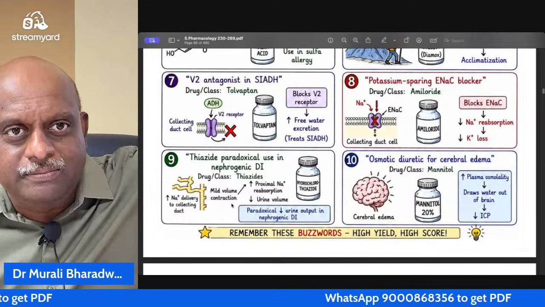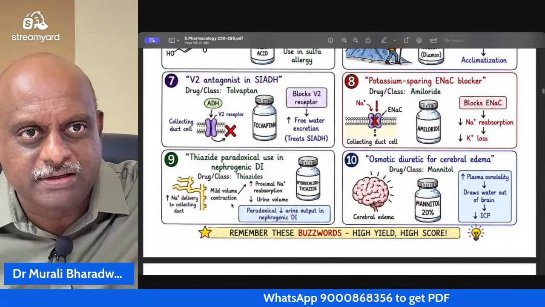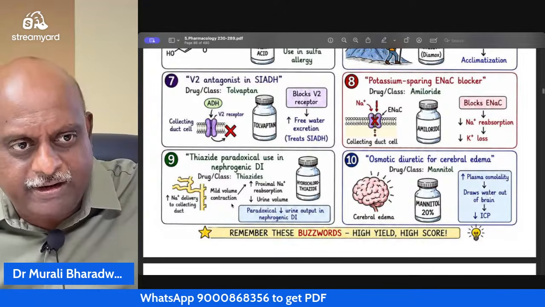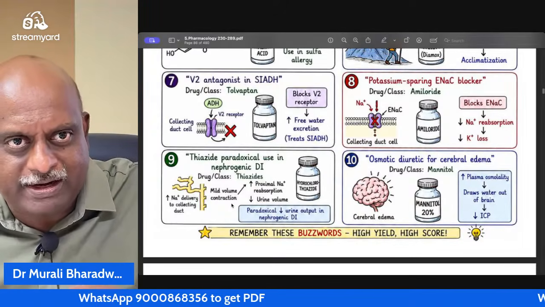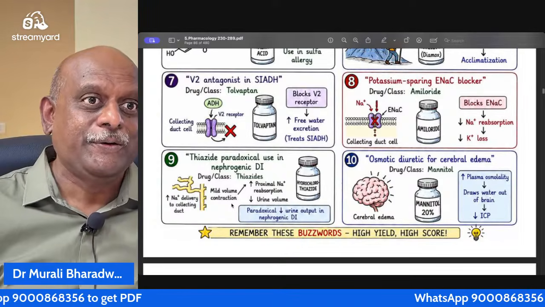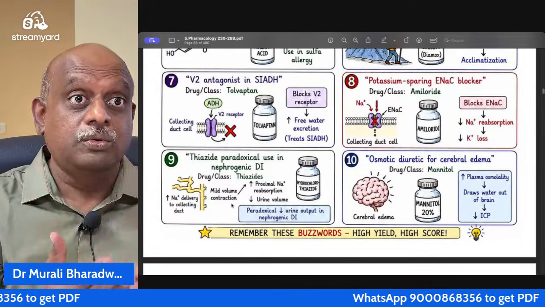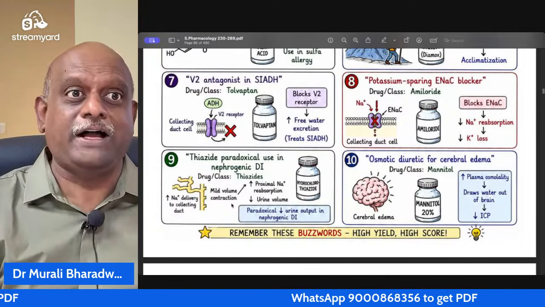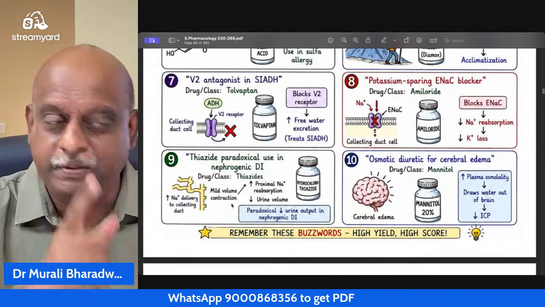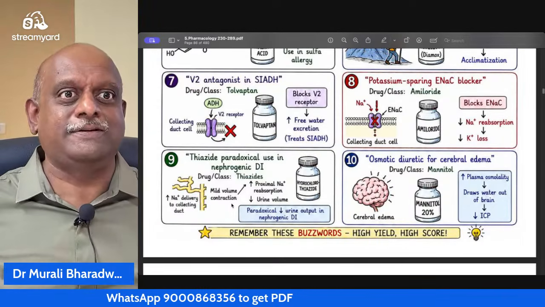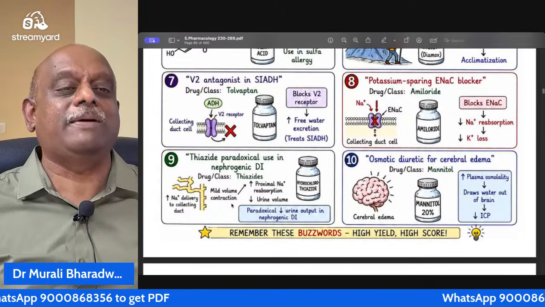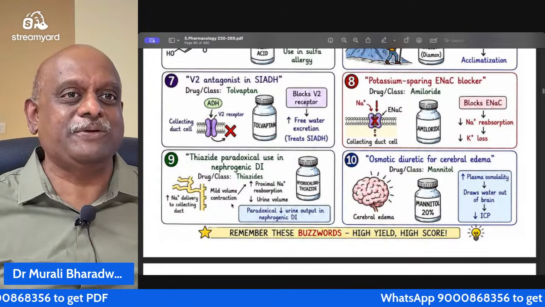Decreased plasma volume will decrease GFR. The moment GFR is decreased, glomerular fluid flows slowly through the proximal convoluted tubule. Immediately the proximal convoluted tubule will know, it is supposed to flow fast, but it is flowing slowly. That means I need to reabsorb water 100%. So it will absorb 100% instead of 85.